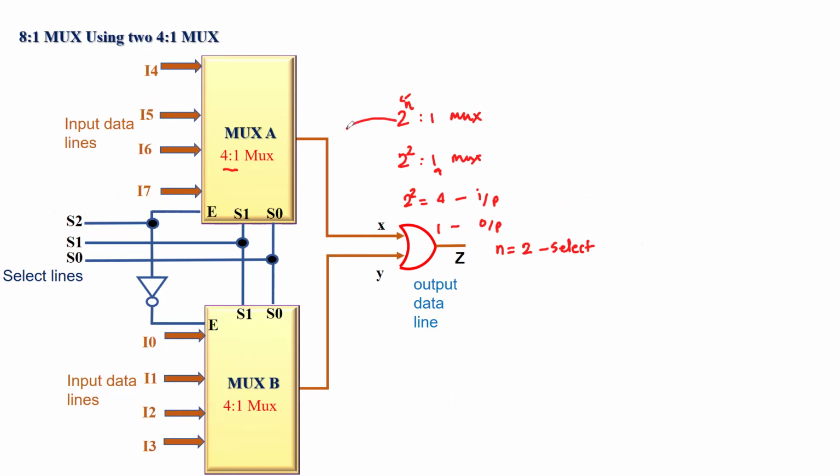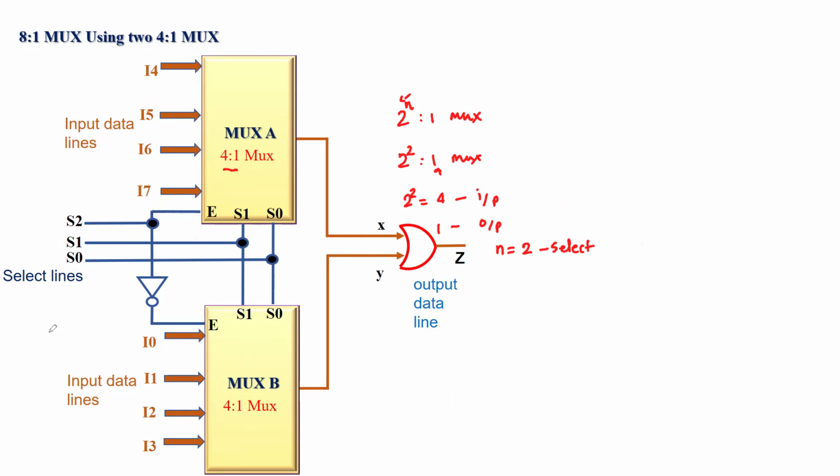So if we go by the definition, 2 to the power n to 1, and if it is an 8 to 1 MUX, then it will be 2 to the power 3 to 1 MUX, where 2 to the power 3 equals 8 would be your input lines for the 8 to 1 MUX. 1 would be the output line, and in this case n will be equal to 3. That's why we have got this special connection here.